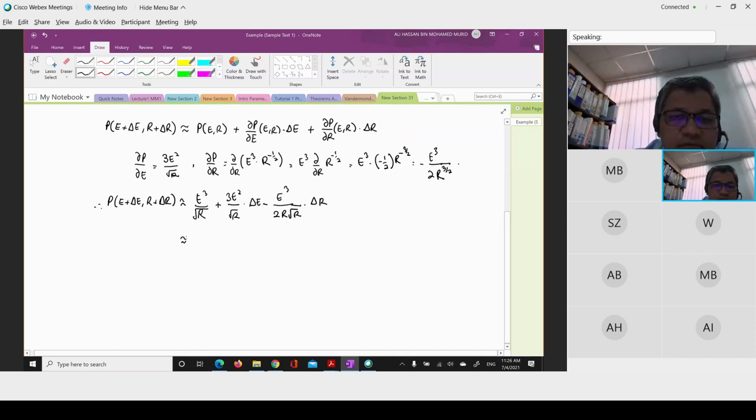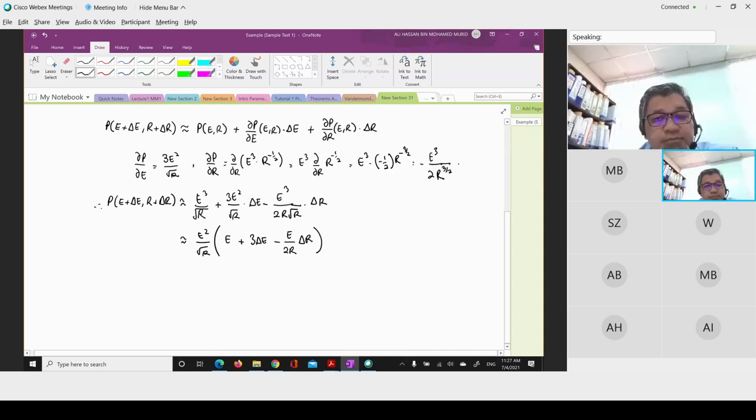Let's factor out E squared over square root R. The first term in the bracket is E. The second term in the bracket is 3 delta E. And the last term in the bracket is E over 2R times delta R.